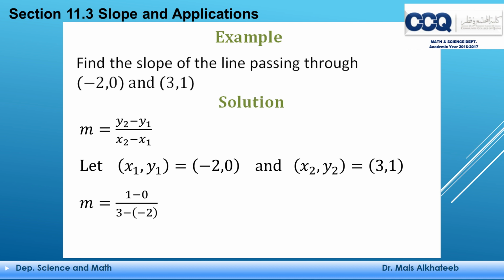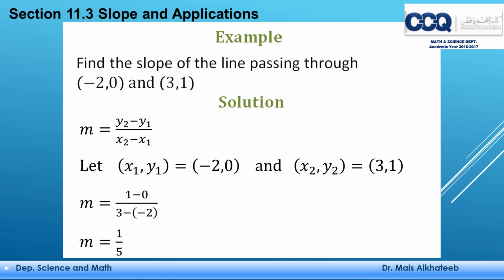Minus minus becomes plus, so in the numerator I will have 1, and in the denominator 3 plus 2, which is 5. So the slope is 1 over 5.